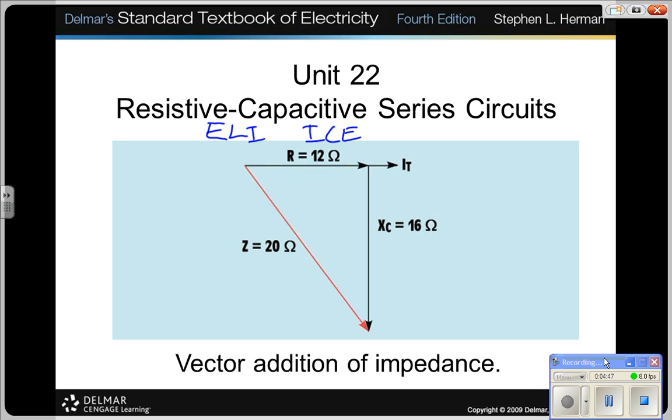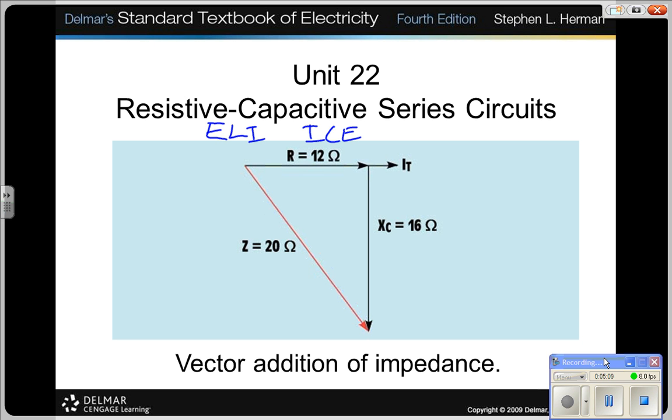Now, the E stands for voltage, right? Everybody knows that, right? And what do you think I stands for? Current. Okay. And L stands for lags, right? No? What's it stand for? L for inductance. That's correct.